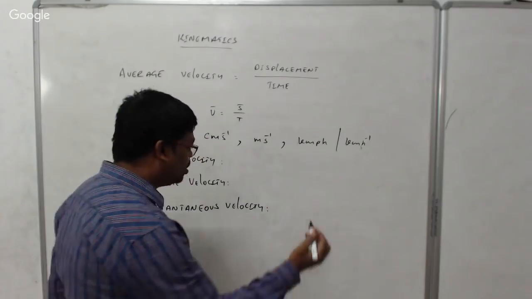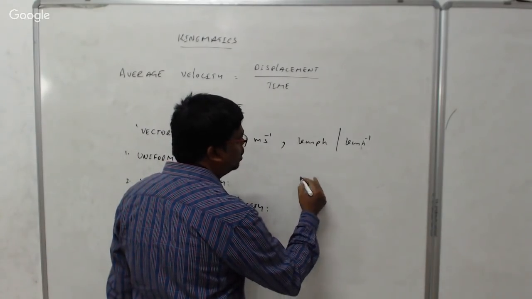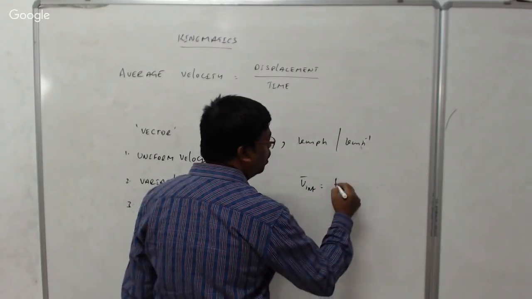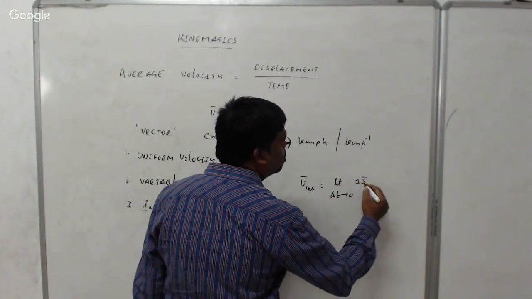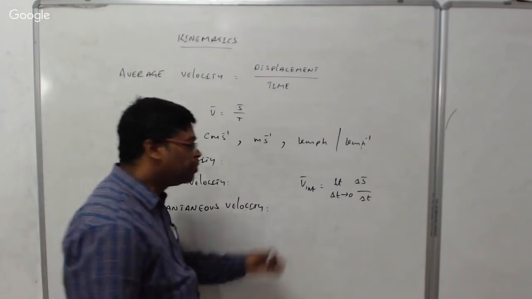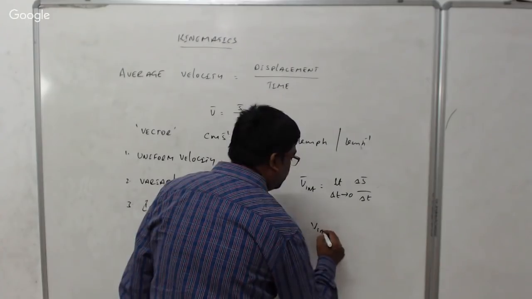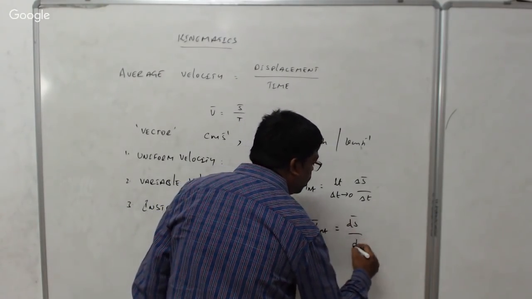Same as instantaneous speed, v bar instantaneous is equal to limit delta t tends to 0 of delta s bar by delta t. Now it would be v instantaneous is equal to ds bar by dt.